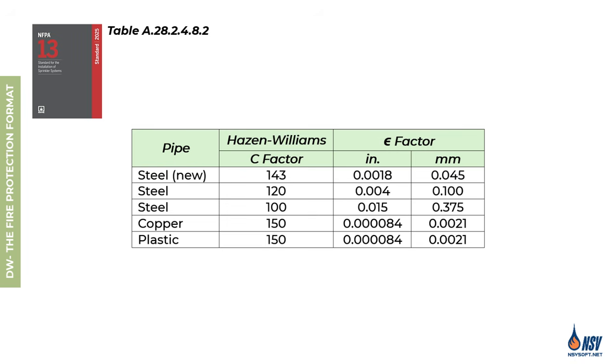Table A.28.2.4.2 provides suggested epsilon factors for various pipe materials such as steel, copper, and plastic, alongside their corresponding Hazen-Williams C factors. As previously discussed, the epsilon factor is used to determine the friction factor.